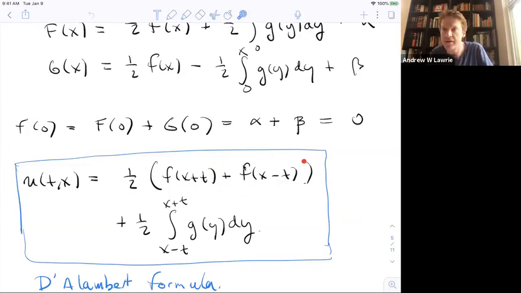And then down here as well, if I add 2 pi up here, that amounts to shifting the integral by 2 pi. And since g was a periodic function to start with as well, I recover the same value again. So you see periodicity is preserved by this formula. Fair. Thank you.